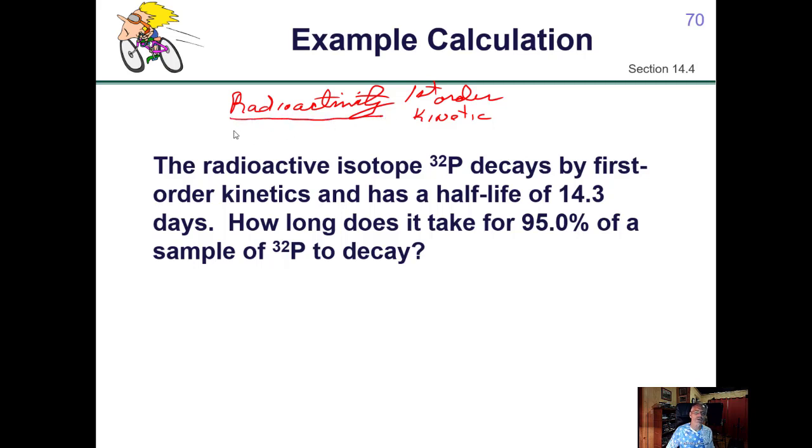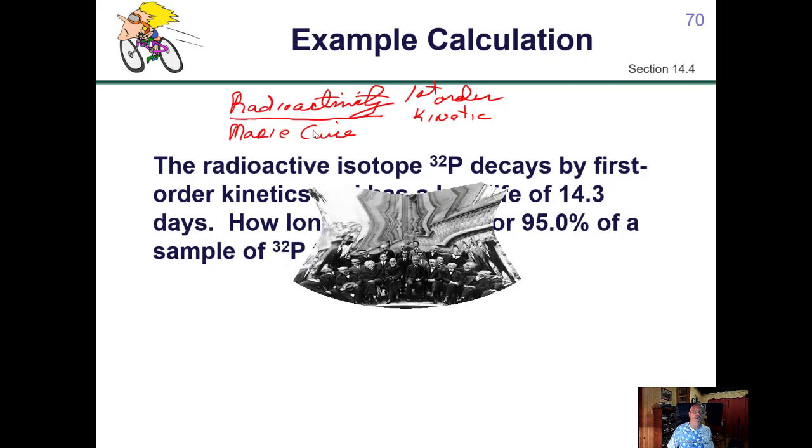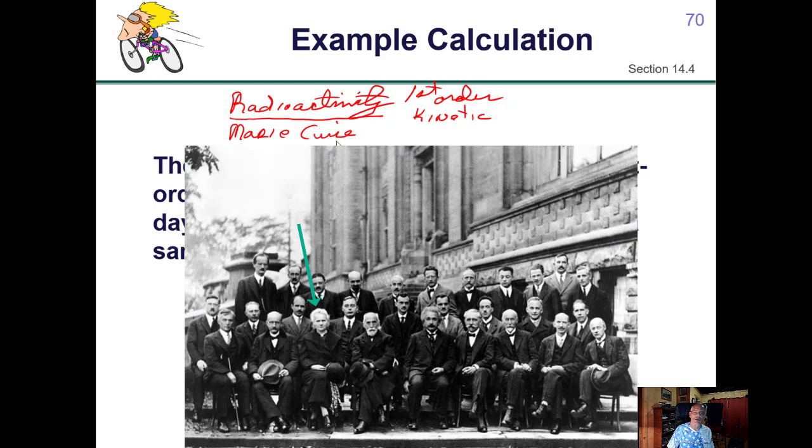As an aside, do you know who coined the term radioactivity? An amazing scientist, one of the most amazing people ever in science. Her name was Marie Curie. If you look up a very famous picture, it's got Einstein in it, Niels Bohr, Wolfgang Pauli, just an array of amazing people. Marie Curie is right there on the front row, and she coined the term radioactivity.